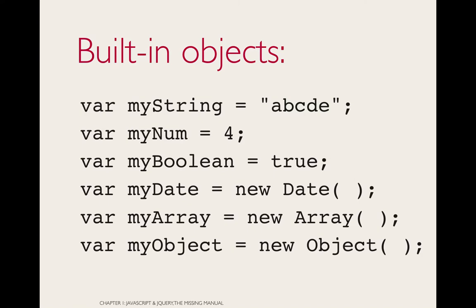But what you probably haven't seen yet are dates, and you probably haven't thought of an array as an object, but it is, and you can also create your own objects with the new object command. So you're not stuck with all the other ones that are built in. And when you have an object, it fits in the wider world of your web page or your document.